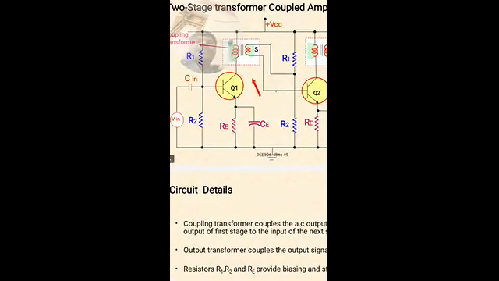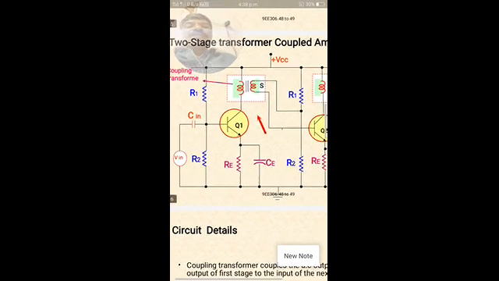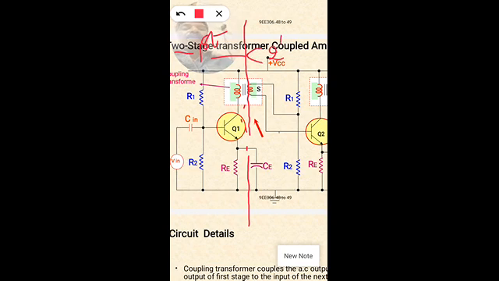See here, the output of one stage is connected as input to the next stage. Here we have the first stage amplifier, up to this is the first stage, and this is the second stage.